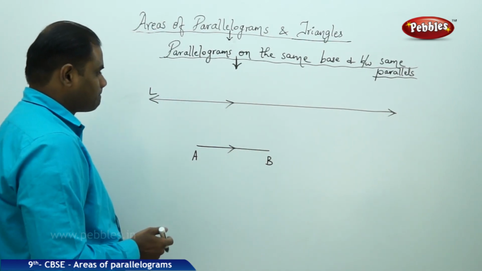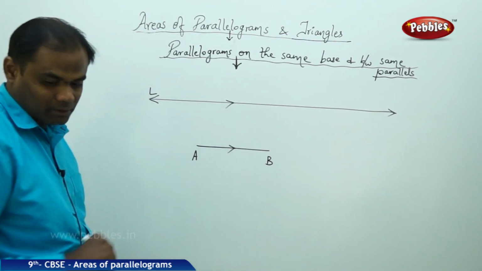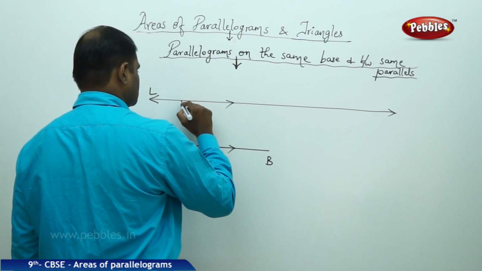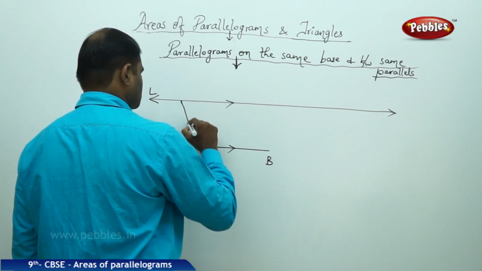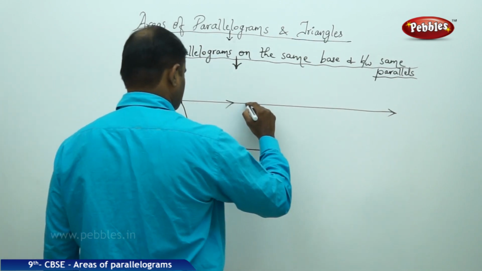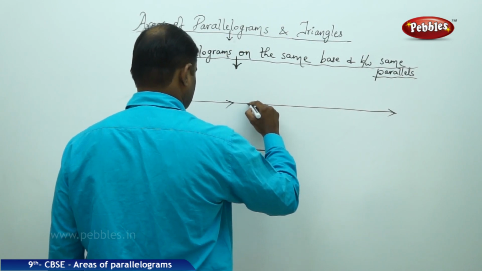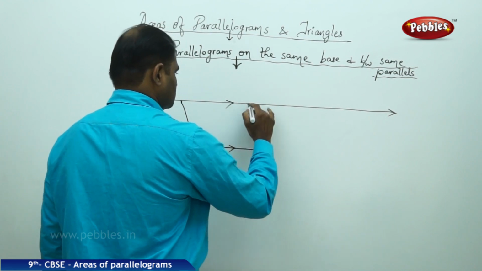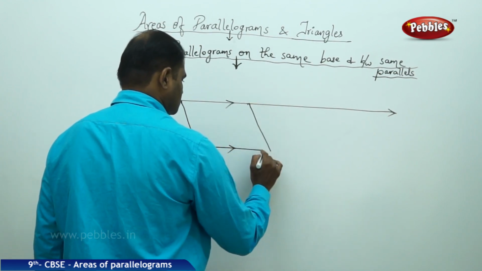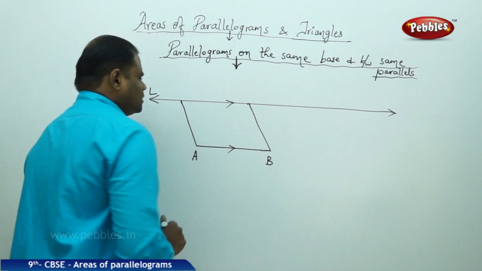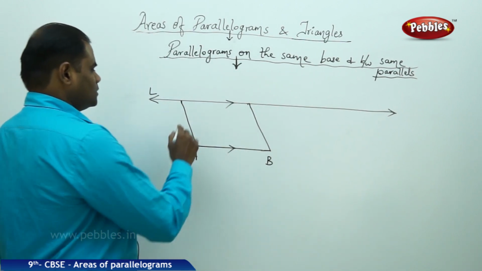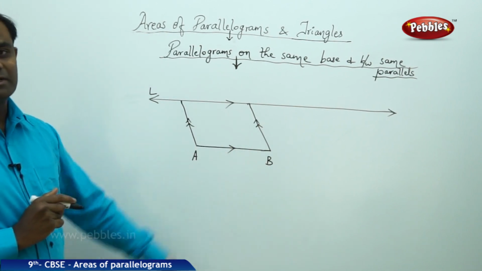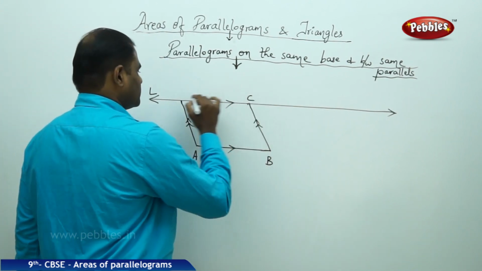Now here, let me take two parallelograms. This is the parallelogram on the base AB, say C and D.